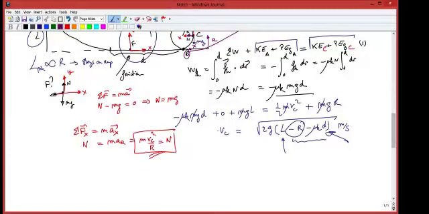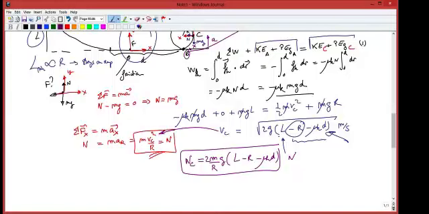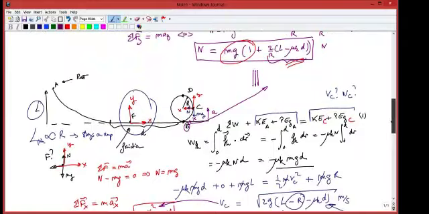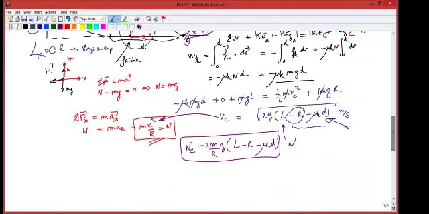So as you substitute vC over here, you're going to get N at point C is equal to m over R times 2g(L minus R) minus mu_k d. Okay? So it'll be a little less.